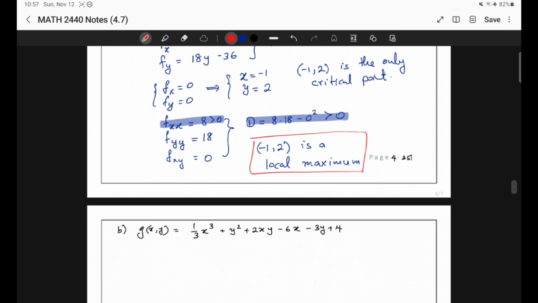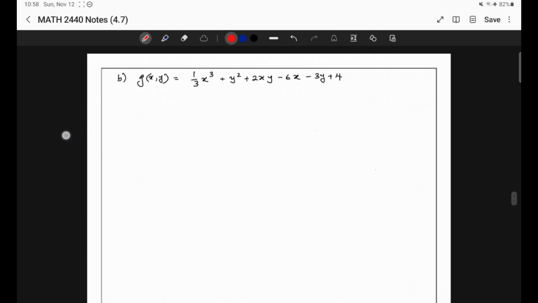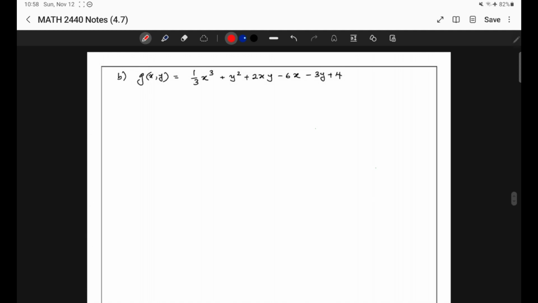Okay, so let's do one more example. Again, what we are going to do is find all critical points by making partial derivatives equal to 0 and then find the discriminant.